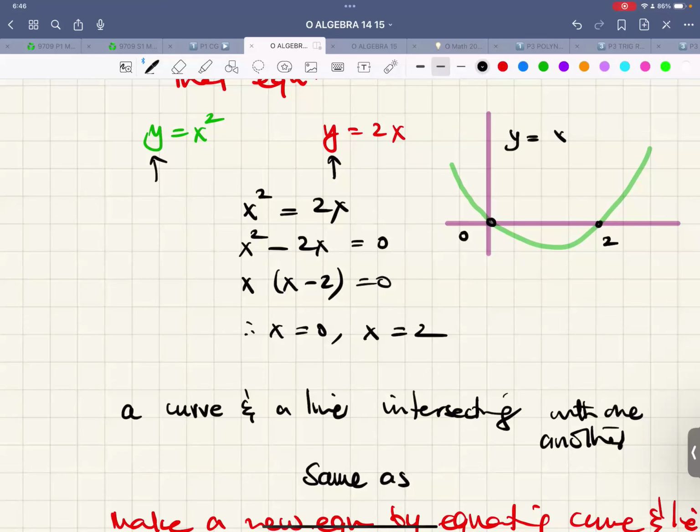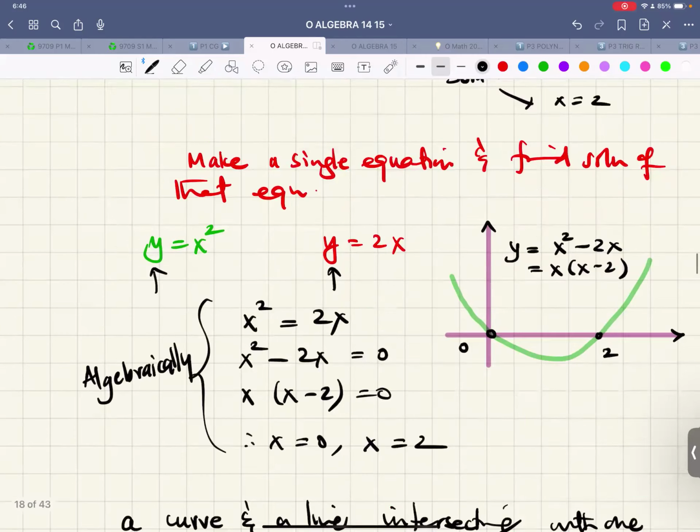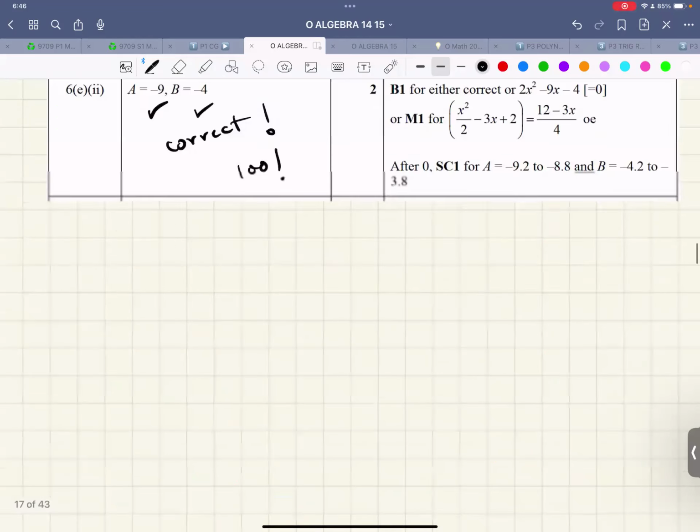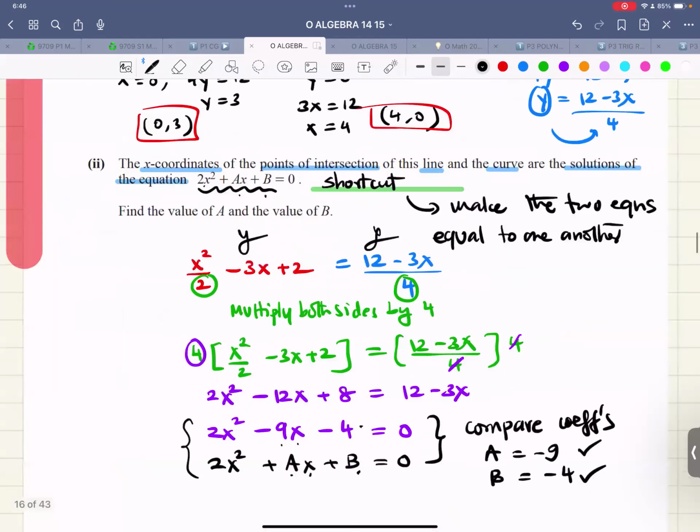This is the equation of y equals x squared minus 2x, which can be written as x into x minus 2. So this is done graphically. This is one single equation intersecting the x-axis. This is the same equation solved algebraically. And this is two equations intersecting with one another.